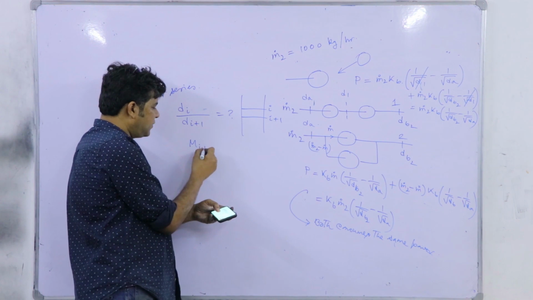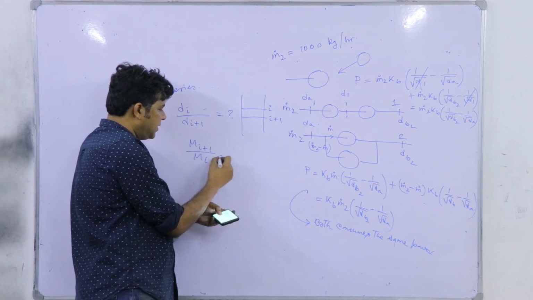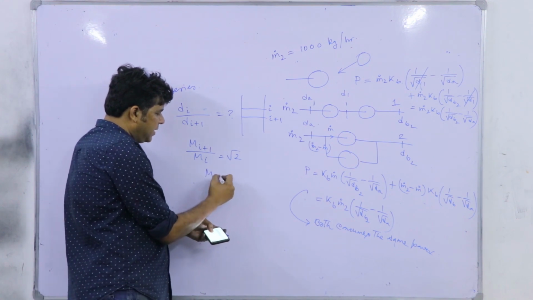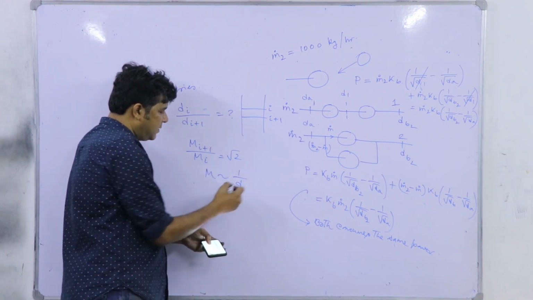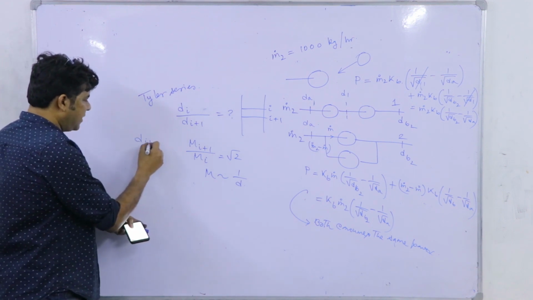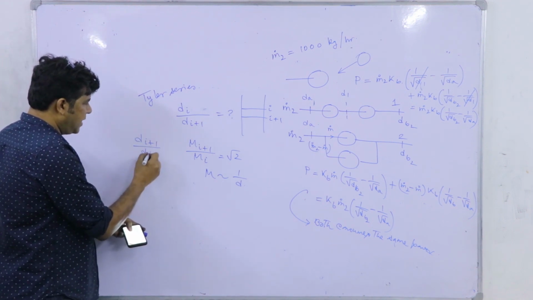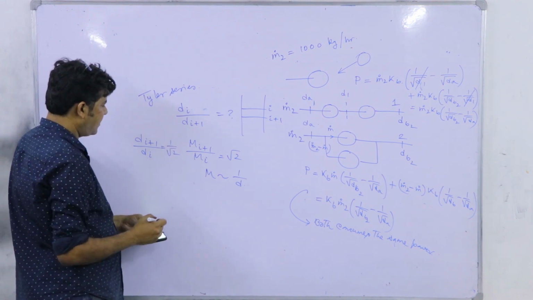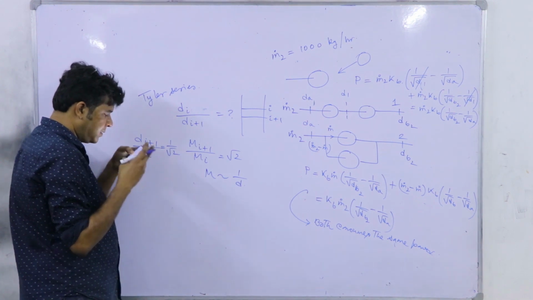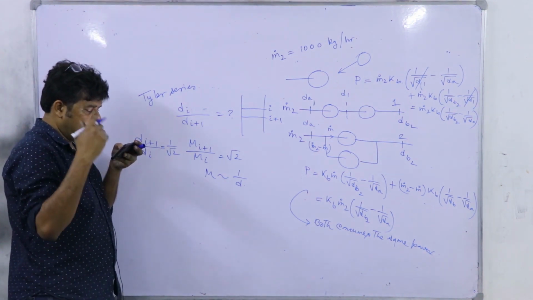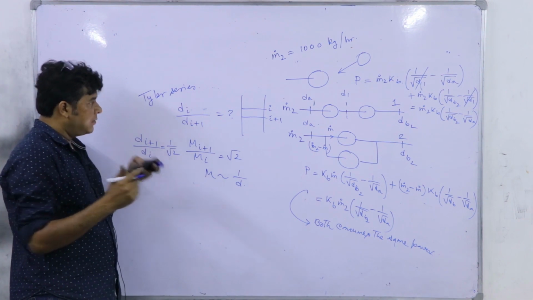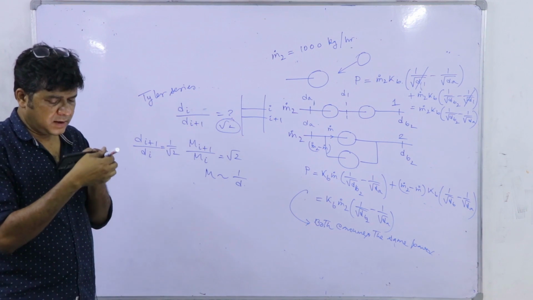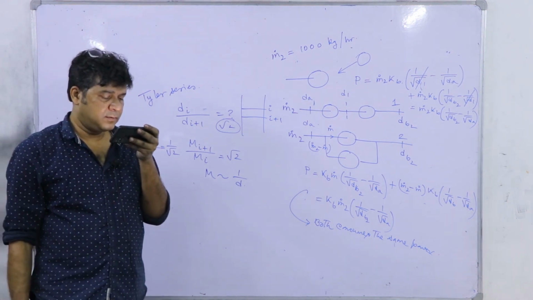We know the mesh number m(i+1) by m(i) is root 2, and m is nearly equivalent to 1 by d. So d(i+1) by d(i) will be equal to 1 by under root of 2. Right. So it is the screen to the next smaller will be root 2. That is the answer. And the options were 1 by root 2, 1.5, 2.